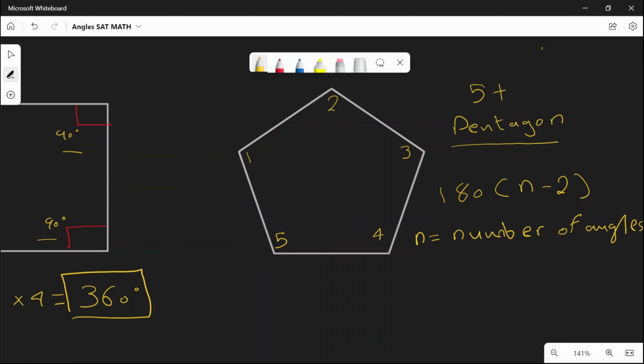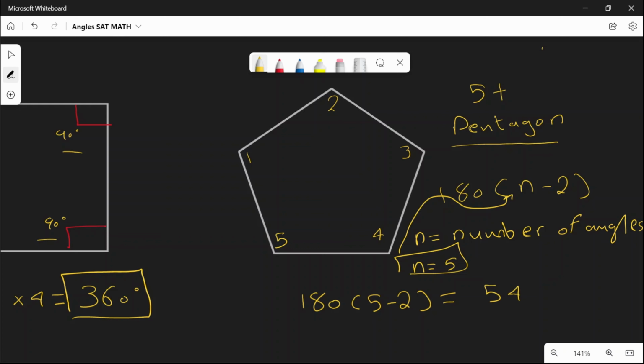So in a pentagon shape we have 5 angles, so n will be equal to 5. Next we will plug in 5 into the formula, so we'll have 180 multiply 5 minus 2, which is 540 degrees. And that's the total measurement of all 5 angles in a pentagon.